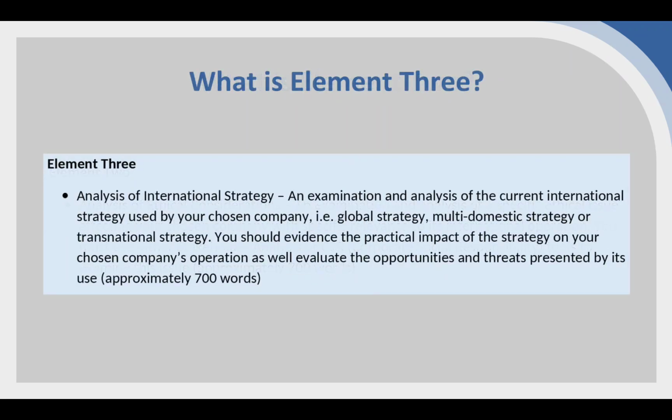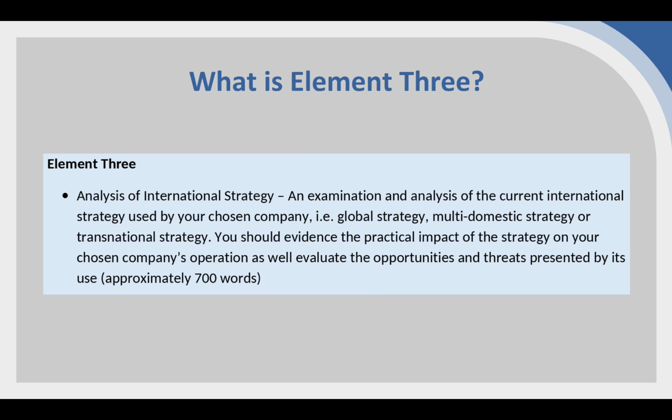So if we move on to element 3, this is an analysis of the international strategy. In week 1 and 2 of the unit, you're looking at the different international strategies available to global businesses or international businesses: global strategy, multi-domestic strategy, or transnational strategy.